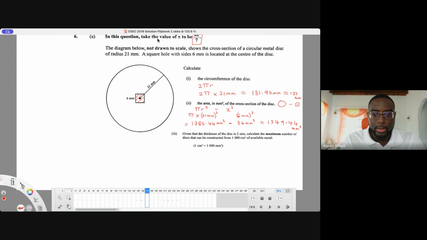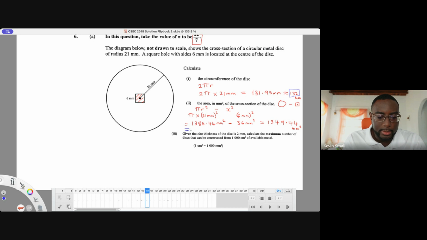So the correct answer for the first one is just the 132, if you use 22 over 7 for pi. And if you use the correct pi for this working down here, then you should have gotten what Omara got in the chat.